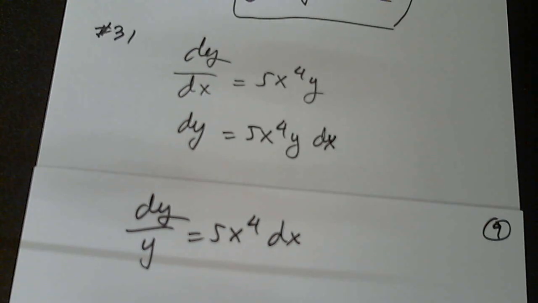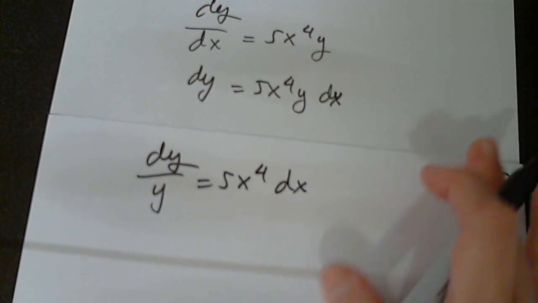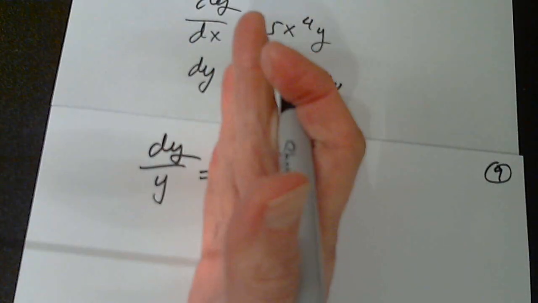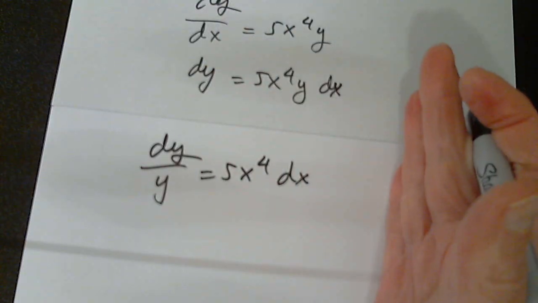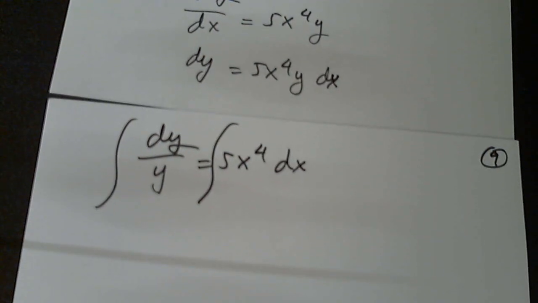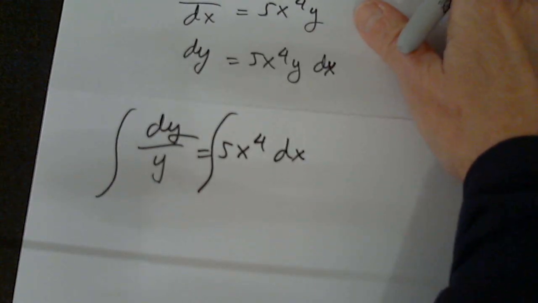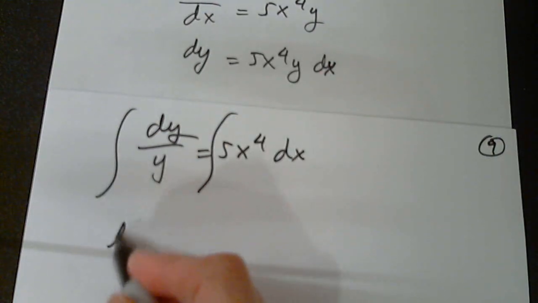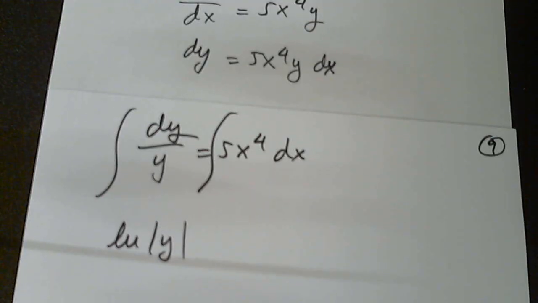Now we are in business, meaning y is alone on one side, x alone on the other. And now we are ready to apply the same procedure to both sides. Good. Now this side we already know is natural log of the absolute value of y.